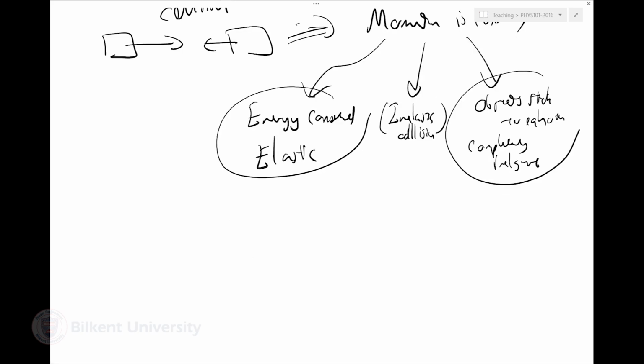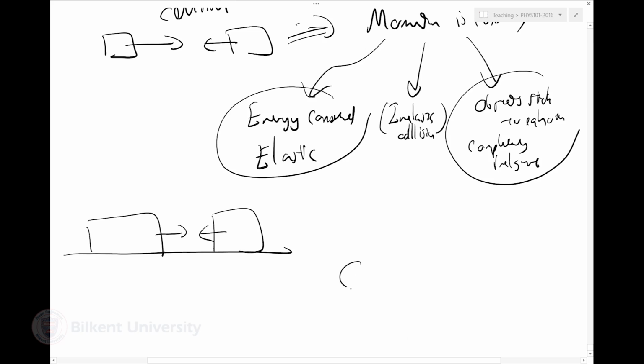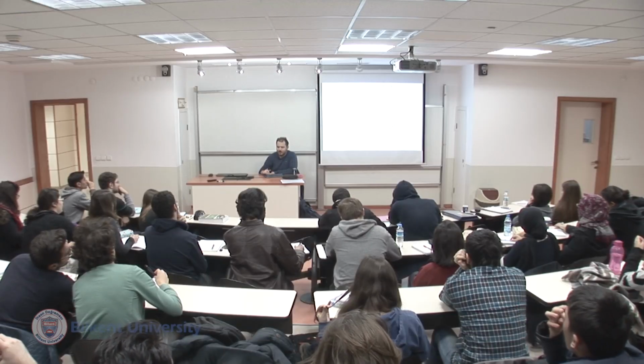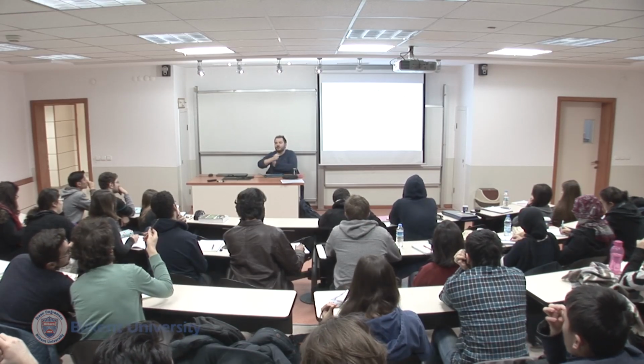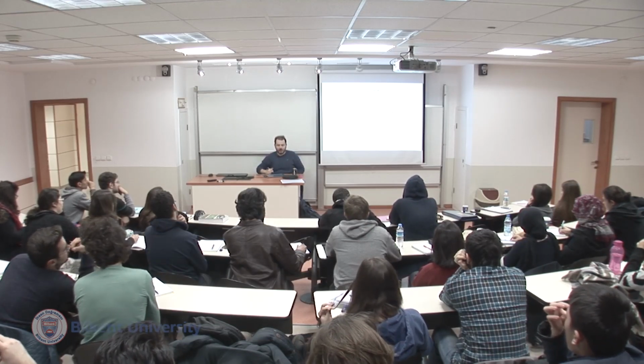Let me make a remark here. Not all collision problems have to come with this diagram. If two objects are attached to each other by a spring, that may act like a collision. Basically any force exchange.